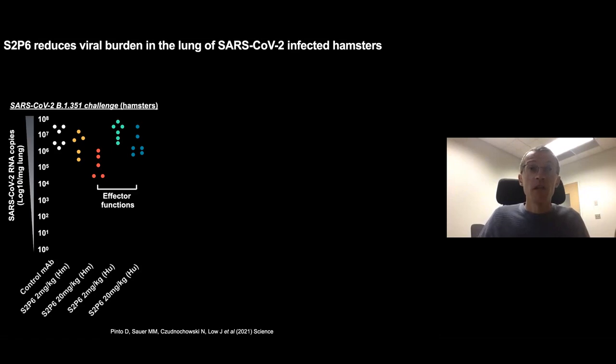And what we saw is that the hamster version provided an order of magnitude reduction in viral load compared to the human version, suggesting that although these antibodies are able to partially reduce viral load, they are not as efficient as RBD-specific antibodies, but it appears that effector function plays a key role in reducing viral load for this type of antibodies. And that correlates with the fact that we were able to measure antibody-dependent cellular cytotoxicity and phagocytosis in vitro.